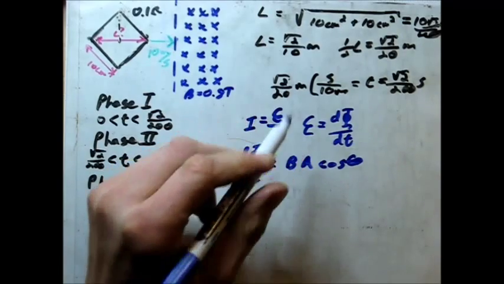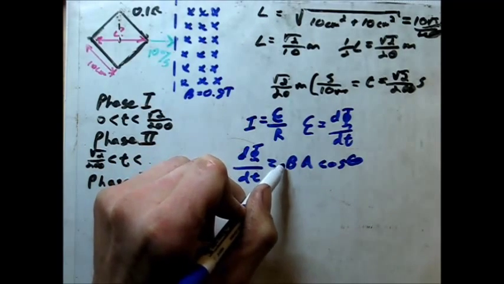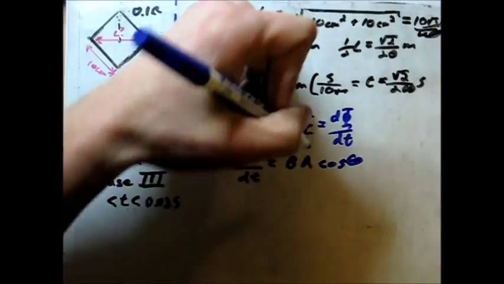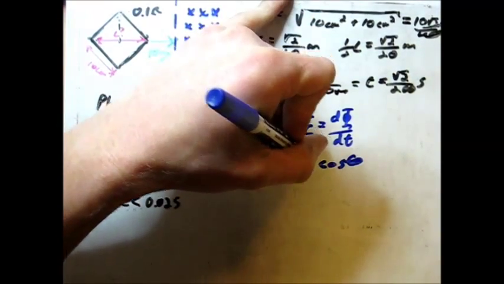The B field could change, the area could change, or the angle could change. It turns out for this problem it's the area that's going to change.